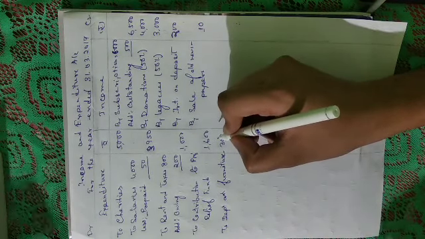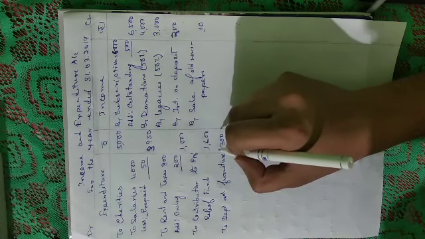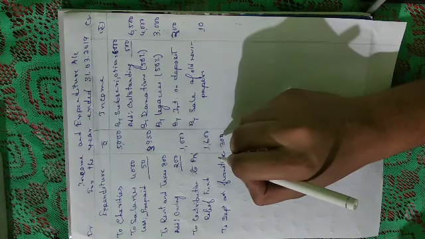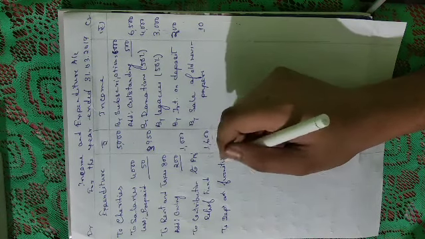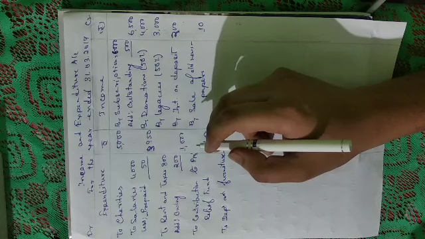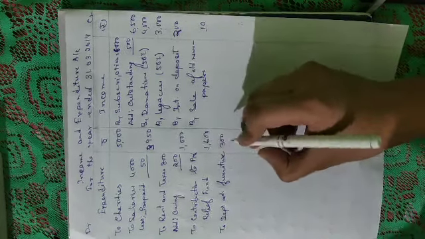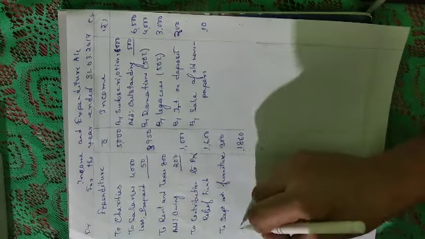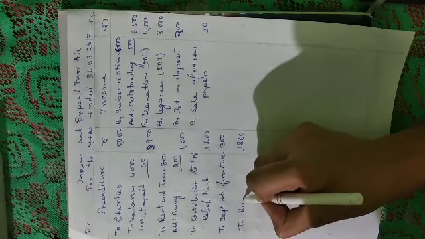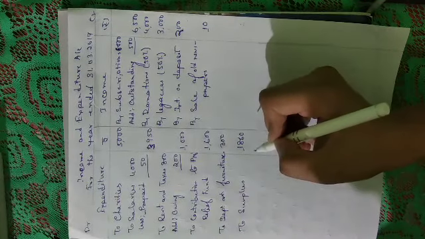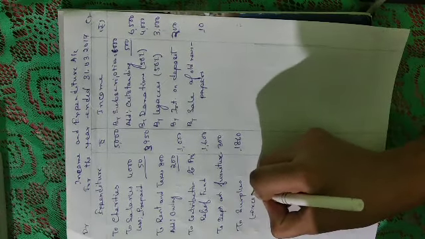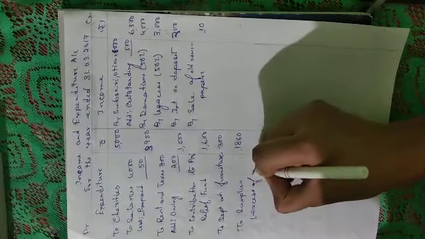So total credit side is rupees 13,710, and total debit side is rupees 11,850. So the difference is 1,860, so the excess of income over expenditure is the surplus.